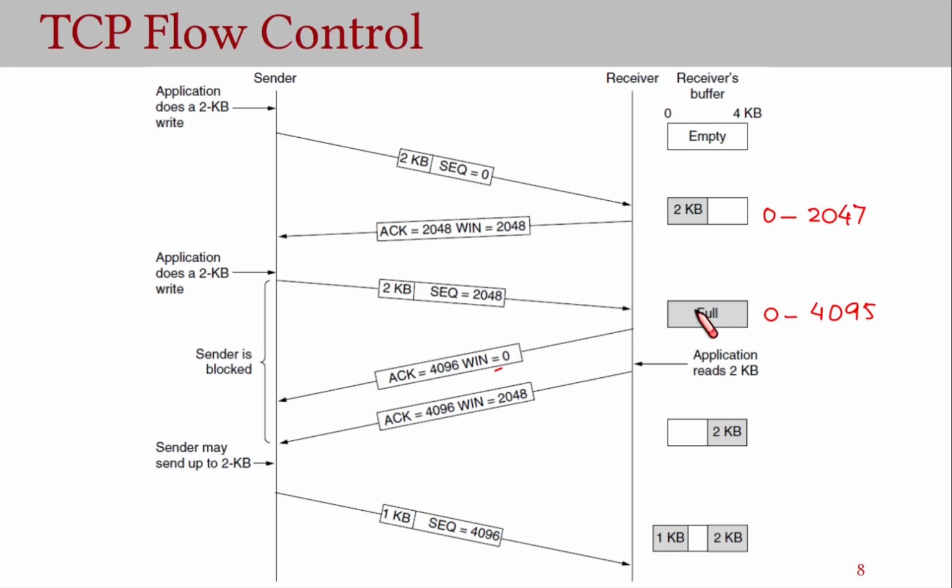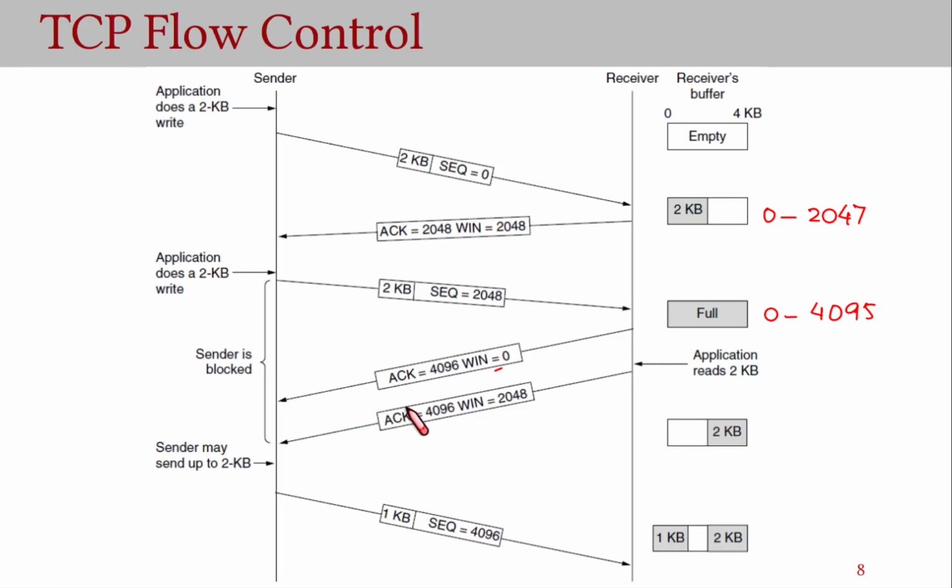And so at this time, the sender can do two things. Either if there is urgent data, then it can send, and hopefully once the data is received, some more buffer space opens up, and then the sender can resume. Another thing that the sender can do is send what is known as window probe segments.